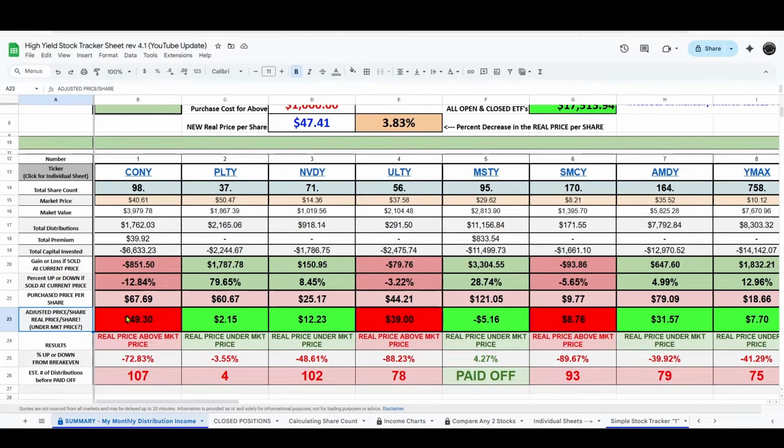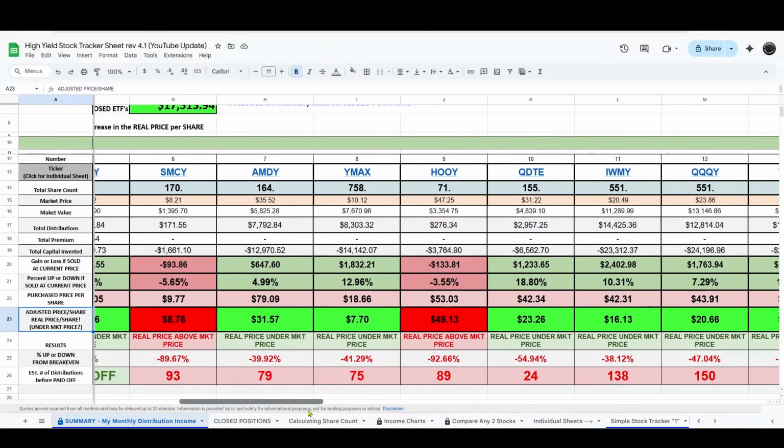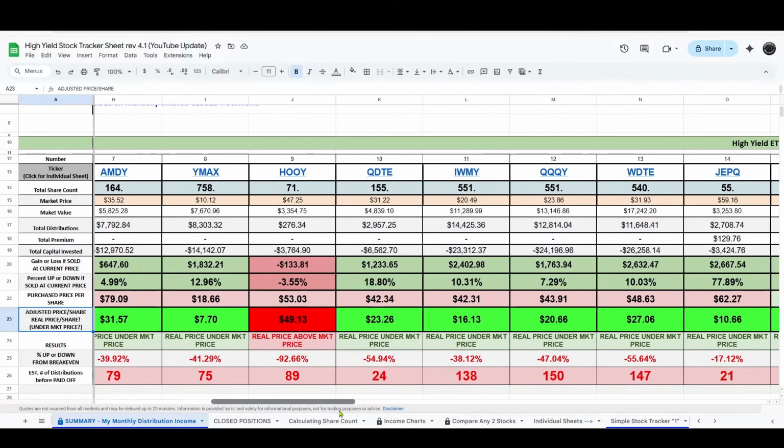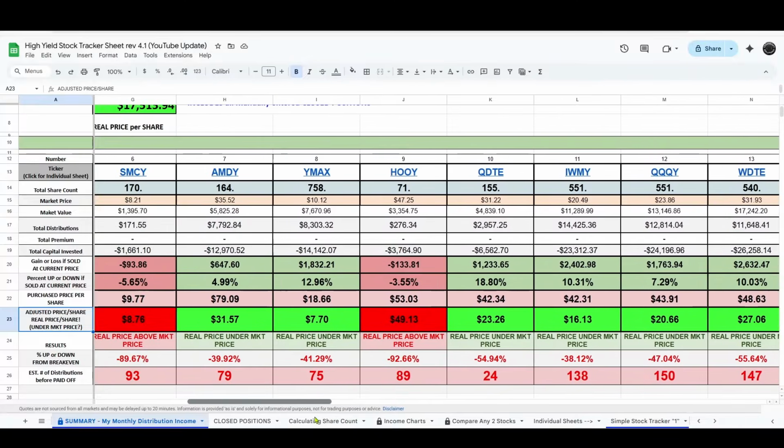Basically, are you going to lose money or will you make money? So you can easily just slide right through here and you can see which ones are positive and which ones you would actually take a loss on if you sold them at that current price.